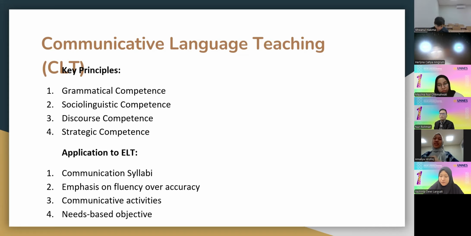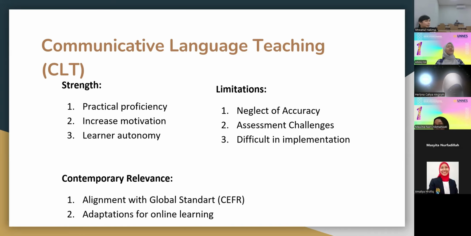And the third is communicative activities. Classroom activities focus on real communication through role plays, interviews, and group discussion forums. And number four is need-based objectives. It means that CLT promotes need analysis, the process of identifying why learners need the language and in what context they will use it.